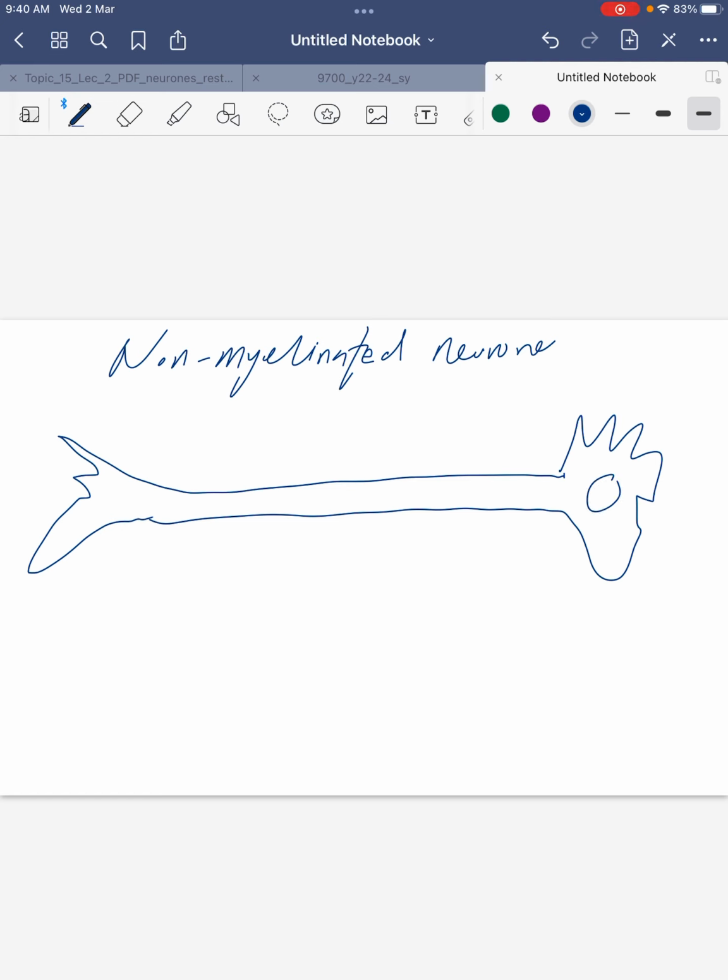If this is the direction of the action potential or nerve impulse, this area here becomes positive, negative, negative, negative, negative, negative, negative, positive, positive.